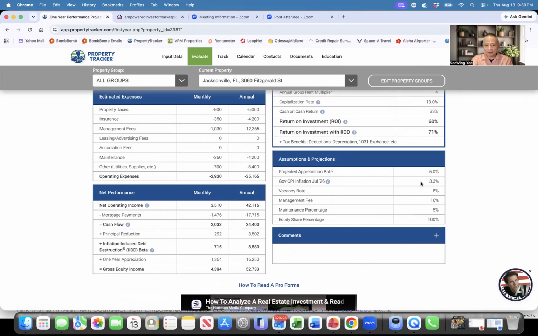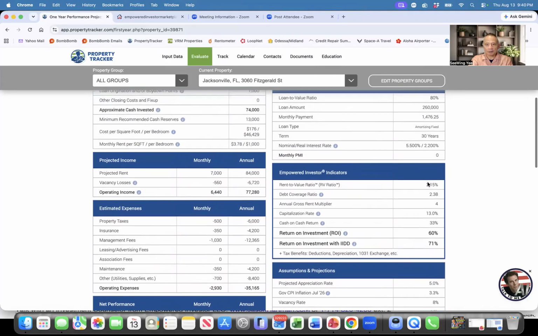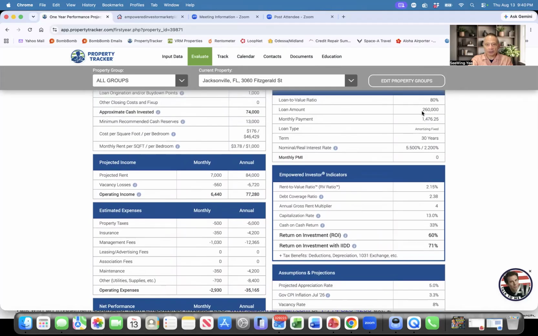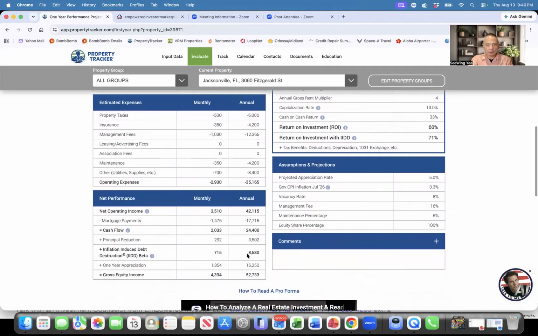The projected government CPI inflation rate is 3.3%. So 3.3% multiplied by the loan balance of 260,000 equals $8,580 for the year. So you're getting an economic benefit from inflation-induced debt destruction; divided by 12 months equals 715.